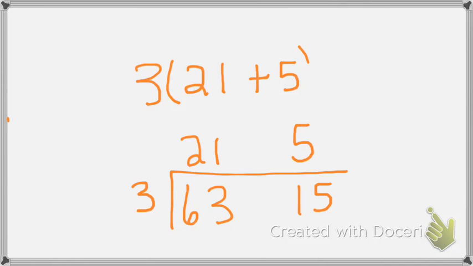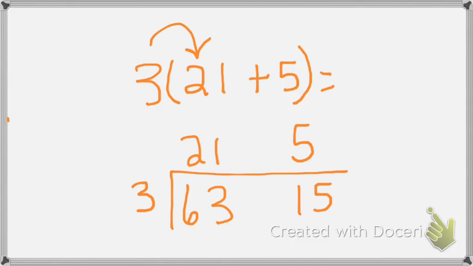Very good. Check it to make sure your answer is correct. If it is incorrect, you should be making adjustments to your work. Put the distributive property on there. How can I check this answer? You add 63 plus 15, and then multiply 3 times 21.